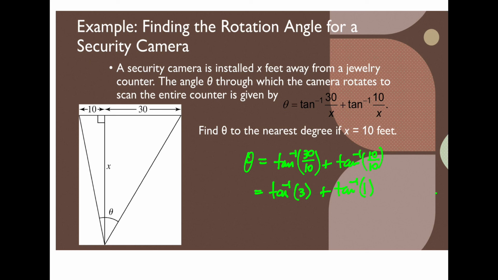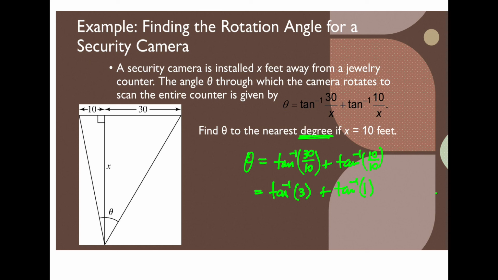Because it's asking for the nearest degree, we'll find both of these individually. I'm going to round to a couple of decimal points, and then at the very end I'll round to the nearest degree. Just because I have 2, I don't want to round and then round a second time.